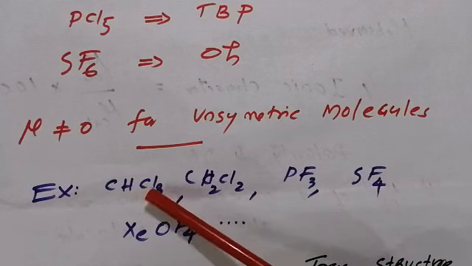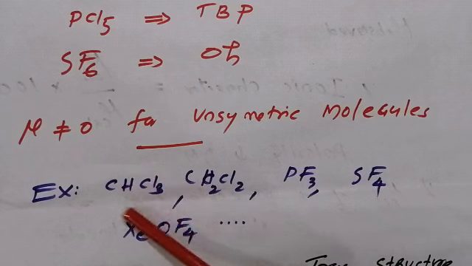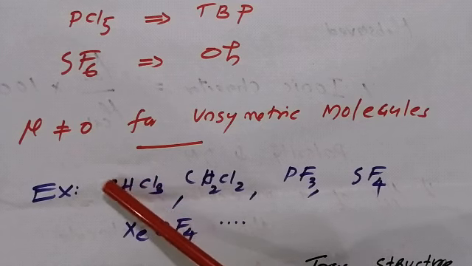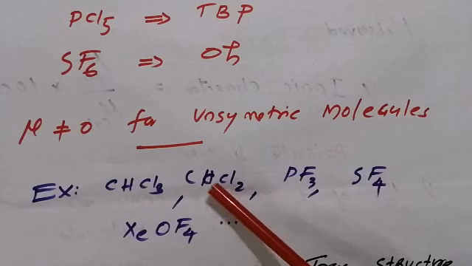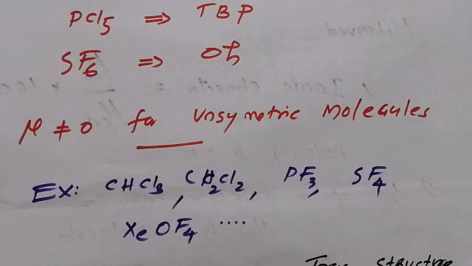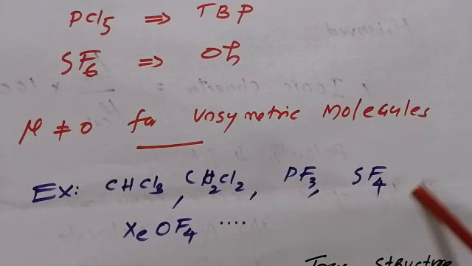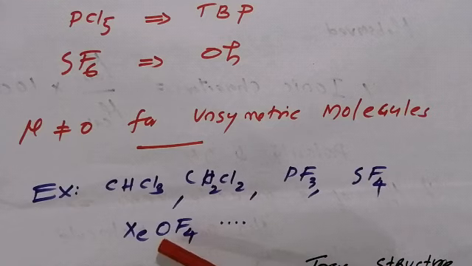Look here: this hybridization is sp3, but it is not symmetrical because the atoms around the carbon are different. Its hybridization is also sp3, but it is not symmetrical because the atoms around the carbon are different. It is unsymmetrical because it has a pyramidal shape, a seesaw structure, and a square pyramidal structure.